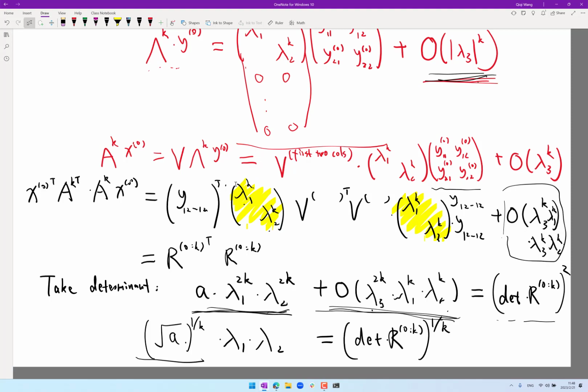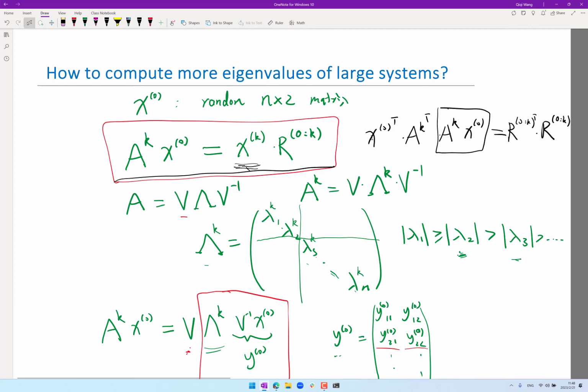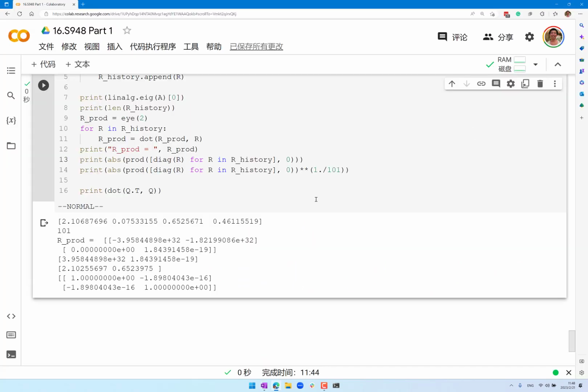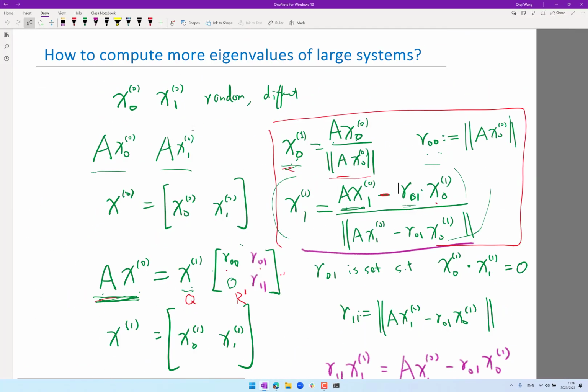Because when you look at the first entry of the R matrix, it is simply a product of R0 zeros. So think of how a 2x2 upper triangular matrix multiplication works.